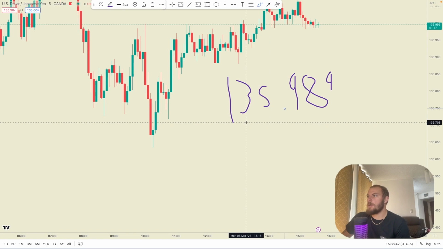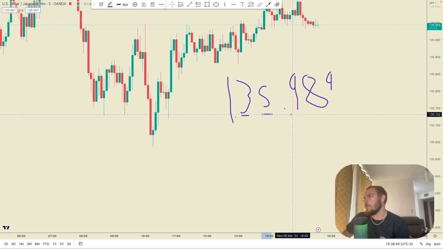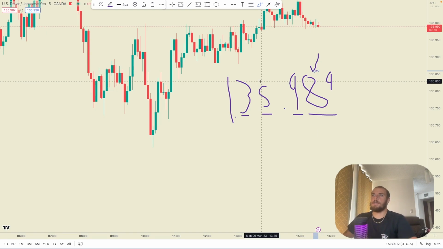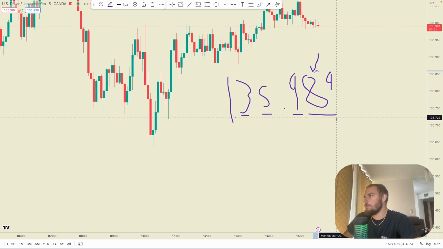So to be quick, if you were to move this decimal place right after the first one and counted 1, 2, 3, 4, this right here are your pips. If the price of USD yen went from 135.98 to 135.99, that would be 1 pip.